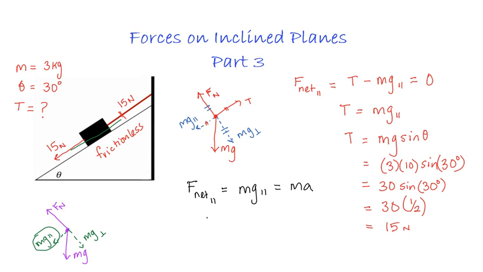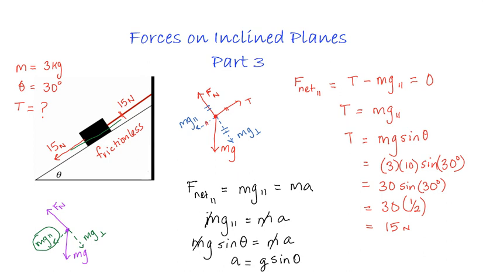So now when I solve for the acceleration, I see that the m's would cancel out. Well, I know that mg parallel is mg sine of the angle, and that equals m times a. So if the m's cancel out, I see that a is just equal to gravitational acceleration times the sine of the angle of the ramp.